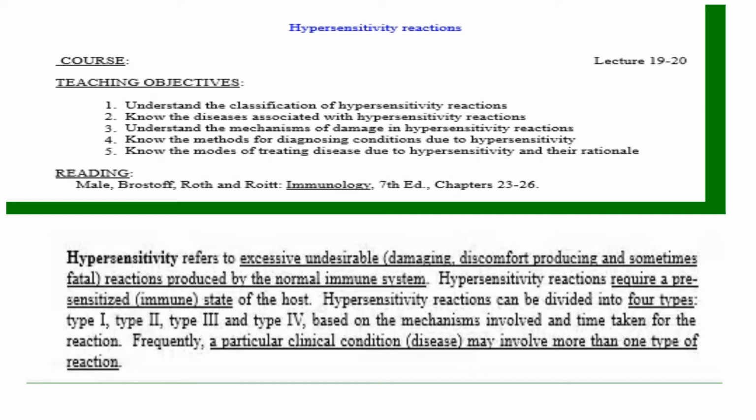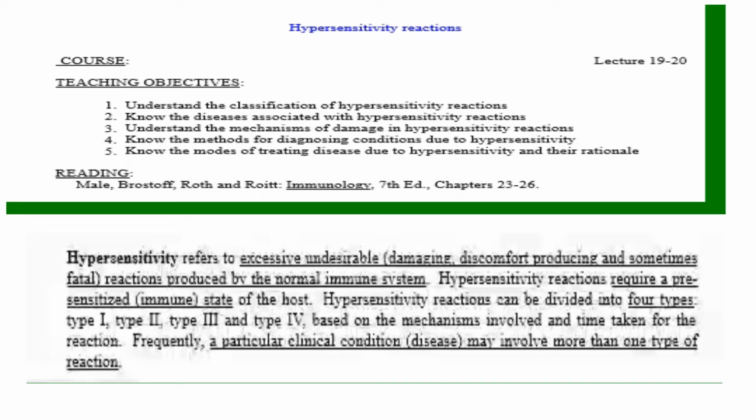Hypersensitivity reaction can be divided into 4 major types, which are type 1, type 2, type 3, and type 4 hypersensitivity reaction. These are based on the mechanisms involved and the time taken for the reaction.